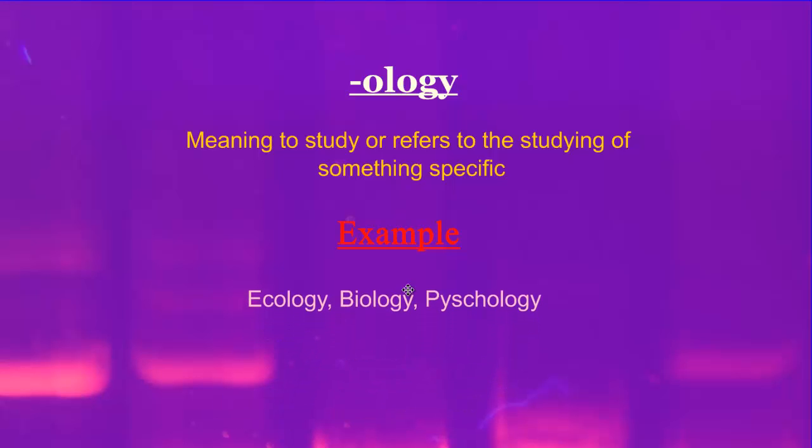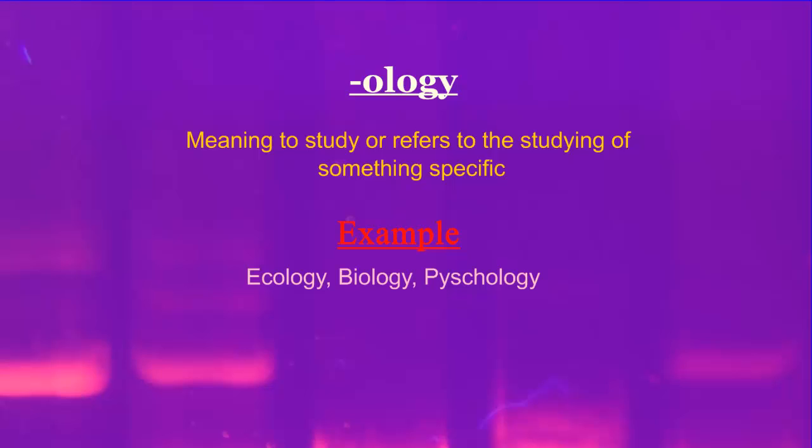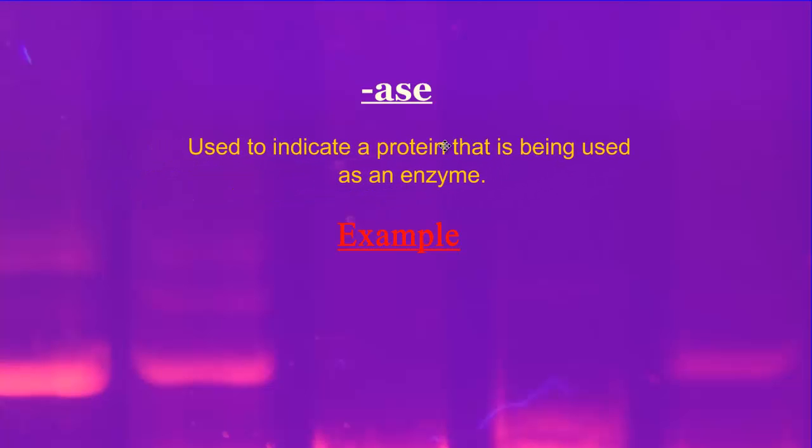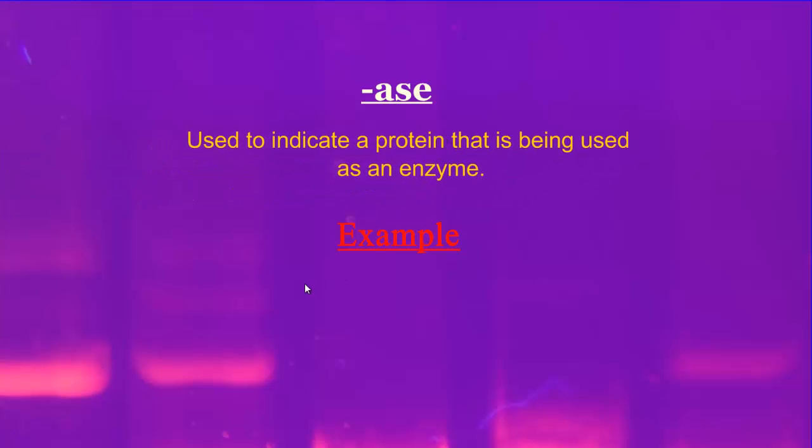For instance, you would hear it in words like ecology or biology or psychology, amongst many. Here's another suffix, ase. Ase is used to indicate a protein that is being used as an enzyme. Examples: peptidase, amylase, peroxidase.